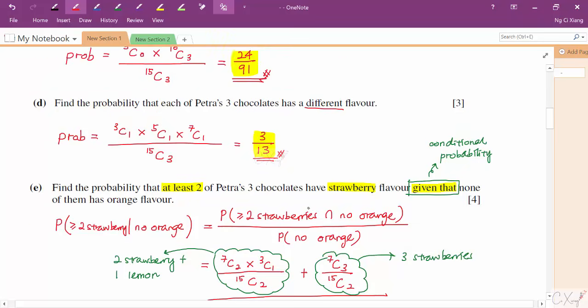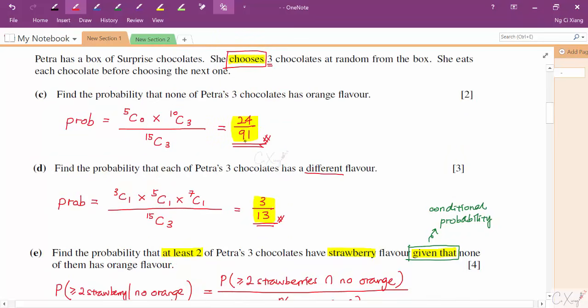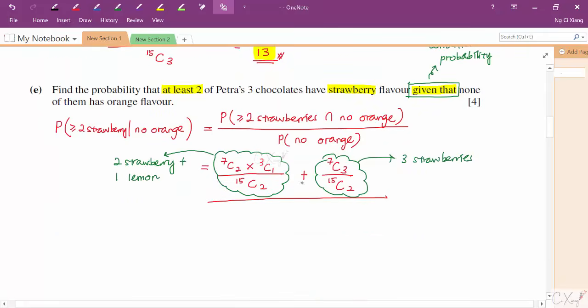The probability of not having orange, we already got just now in part C, which is 24 over 91. I can straight away substitute it in our denominator here, 24 over 91. If you simplify the answer from this part, you should be able to get 49 over 60.